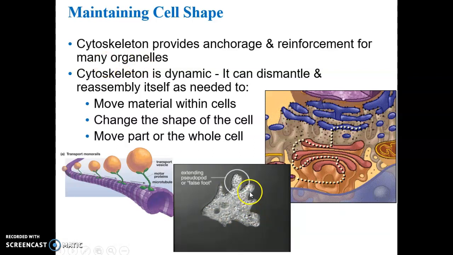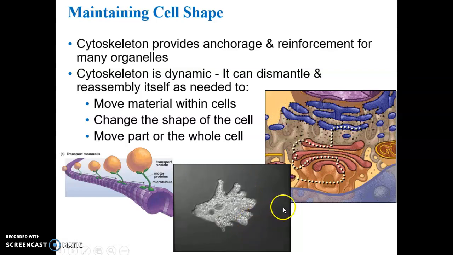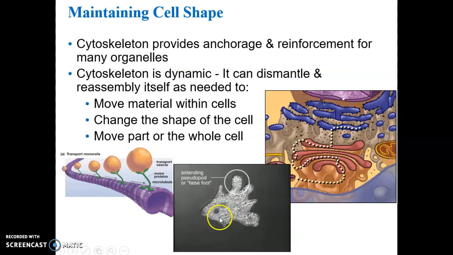What's moving the plasma membrane, one direction or another, is components of the cytoskeleton pushing the plasma membrane along or pulling it from the back. So this is one cell, an amoeba, but it can move around quite a bit. And again, movement inside the cell, movement of the cell itself, cytoskeleton.